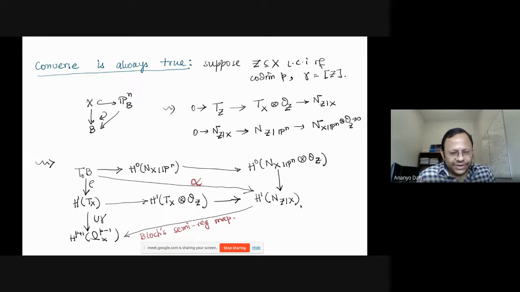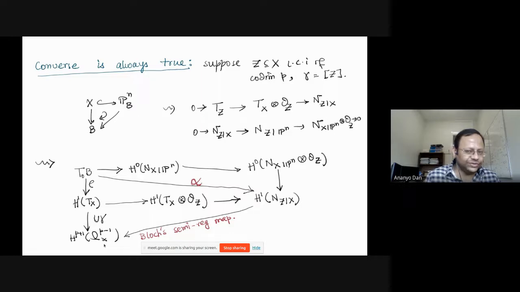Now, there is a priori no obvious way to go from here to here. So this is where the semi-regularity map comes in, that there is a map from here to here such that this whole diagram commutes, which means the first thing that you can see from the commutativity of this diagram is that if there is no geometric obstruction, meaning that if you take an element T in here and alpha T is 0, that means that when you go over here as well, it is 0.